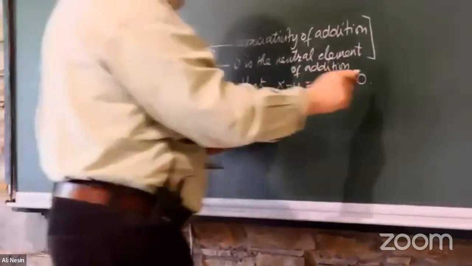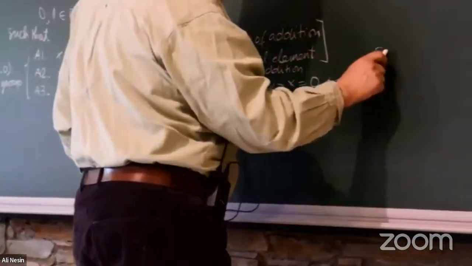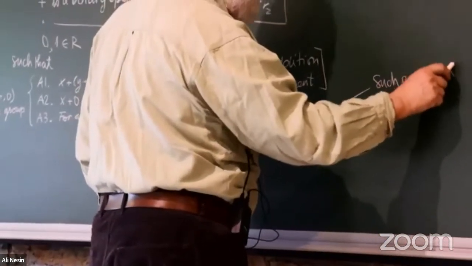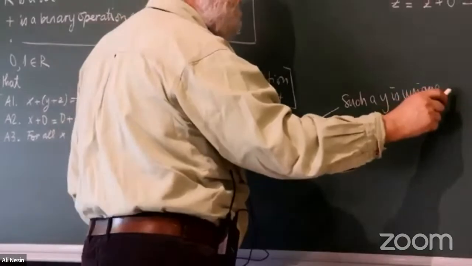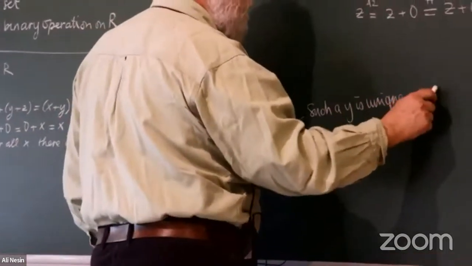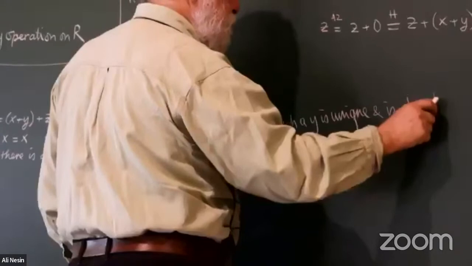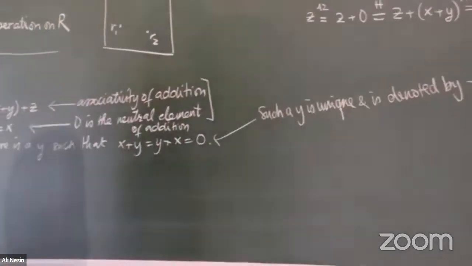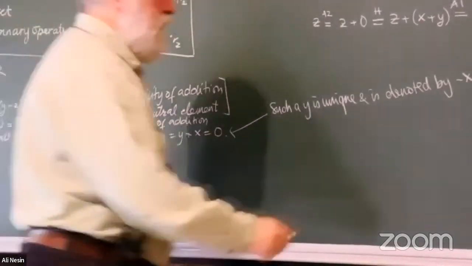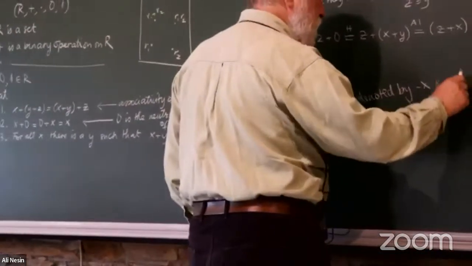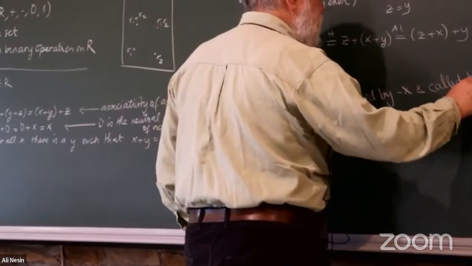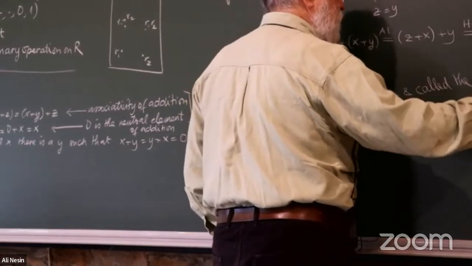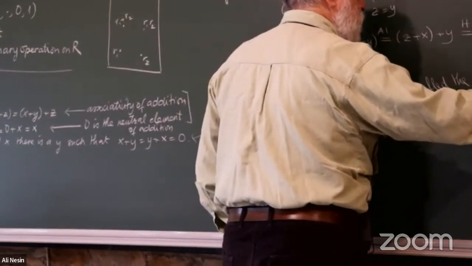It's unique because such a Y is unique. It depends on X, of course, and is denoted by minus X. It's called the additive inverse of X.